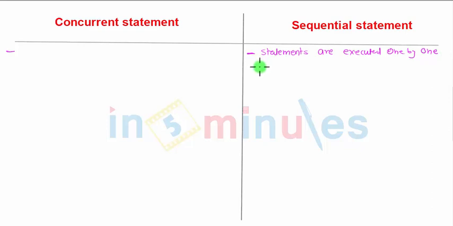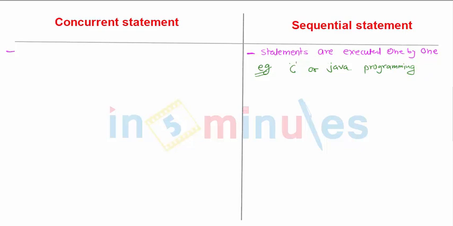You can take C programming or Java programming as an example. Unless and until the first statement is executed, it will not go to the second statement or the next row. So sequential statements are there in C programming or in Java programming.